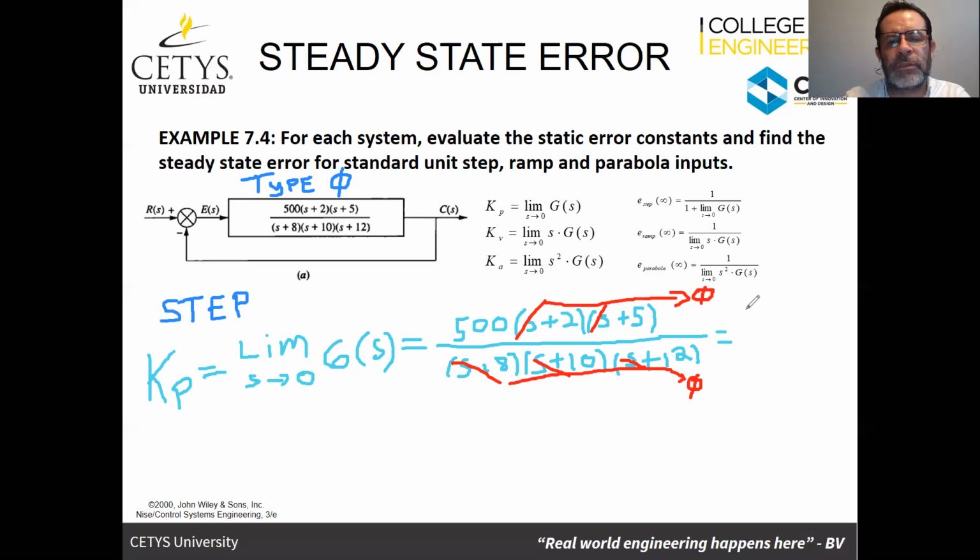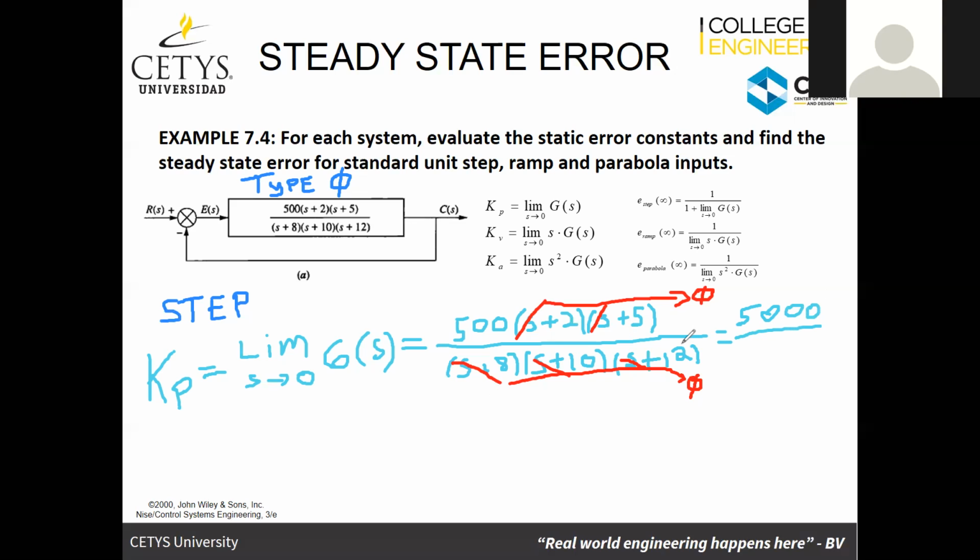It's 5,000, divided by 8 times 10, times 12. Oh, no, it's a total. 960 is the total. Yes, perfect. Thank you. I didn't see the one.